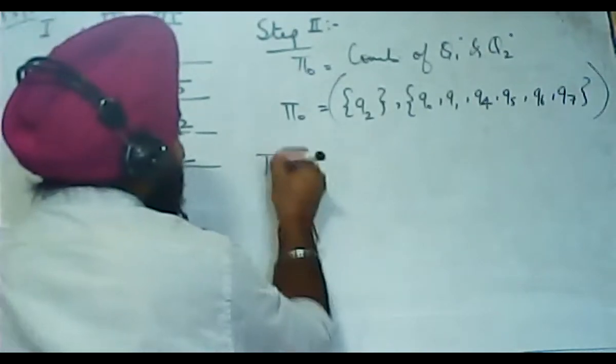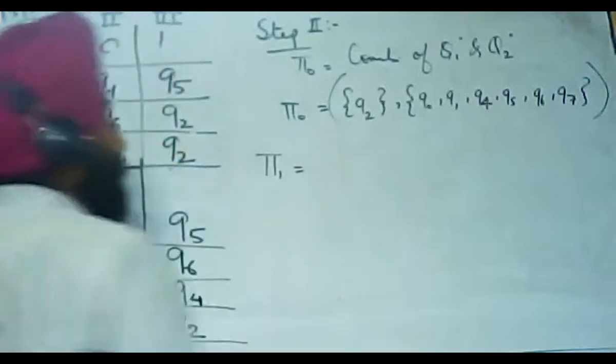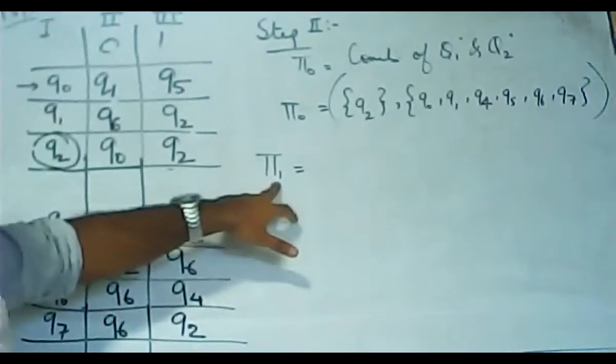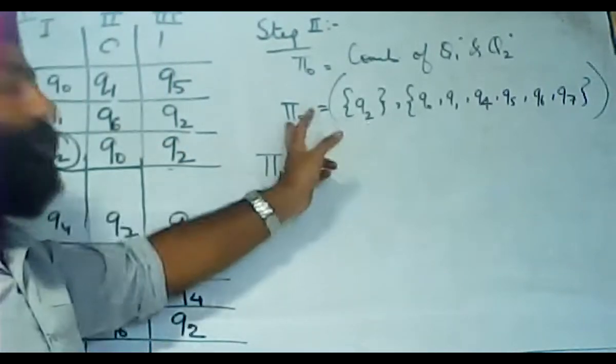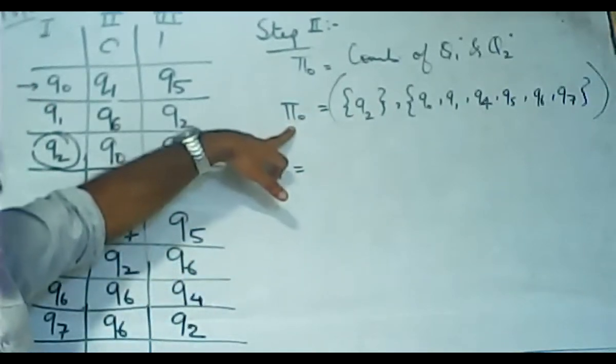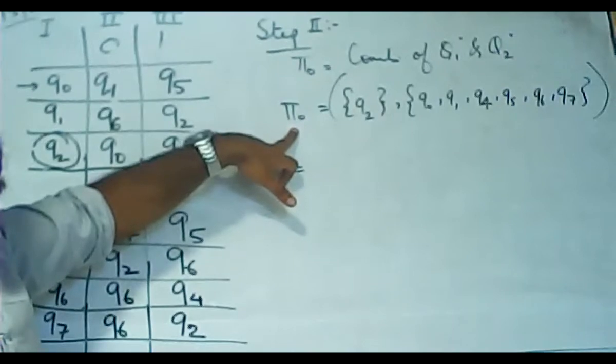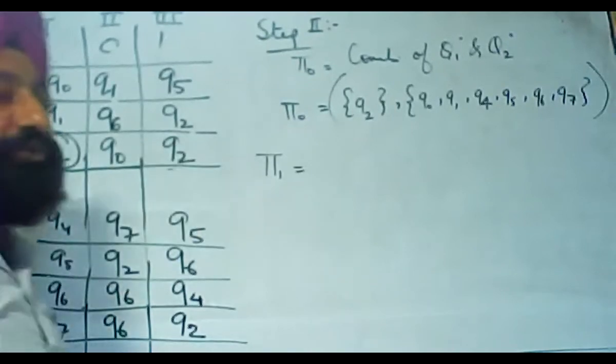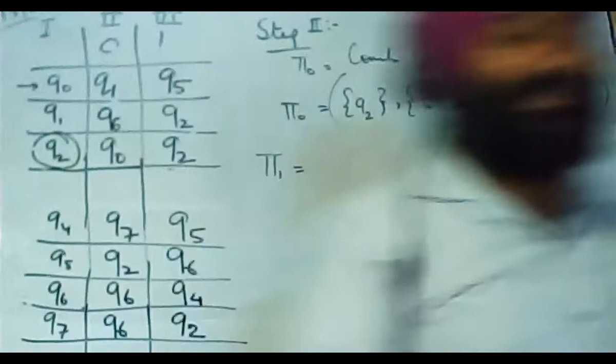Next, the construction of pi 1. Whenever you need to construct pi 1, you have to look into pi naught. You have to check the comparisons in pi naught. First of all, you need to write those sets. Now what you have to do? We are going to bifurcate this set.